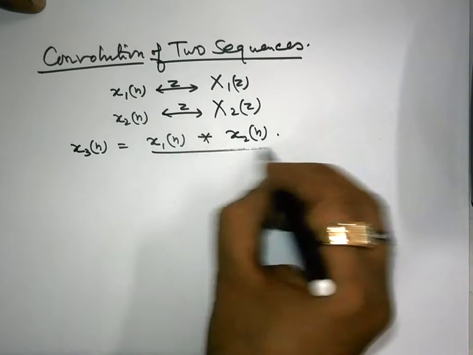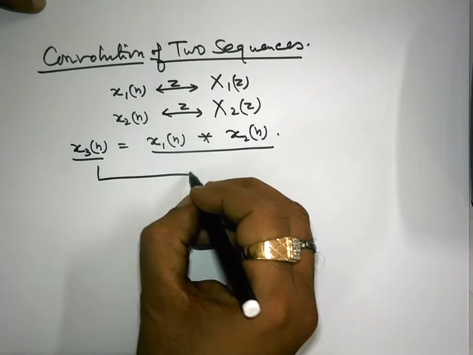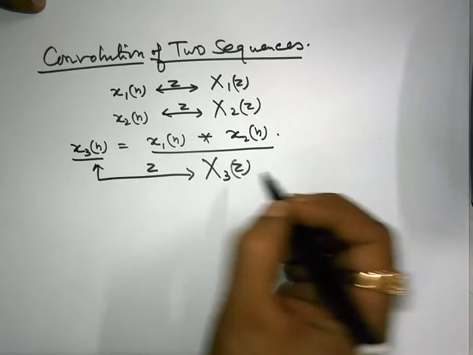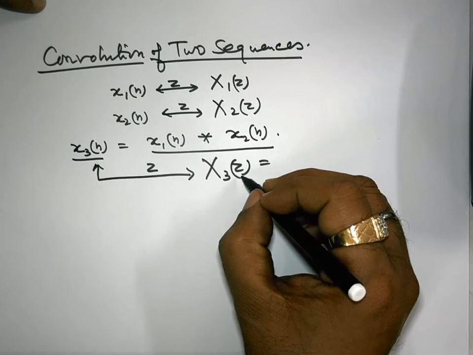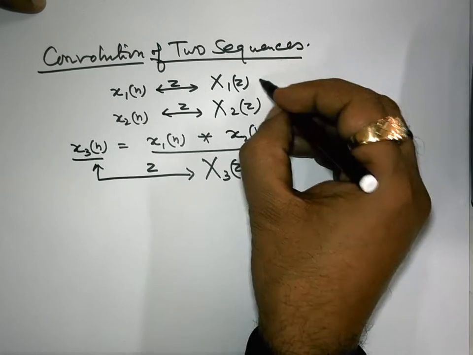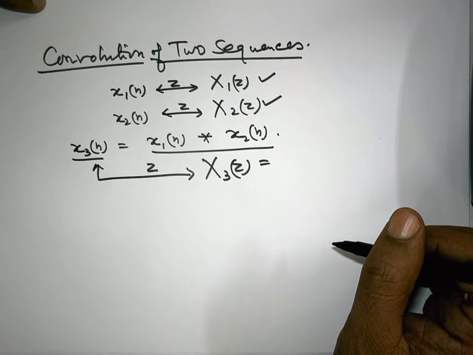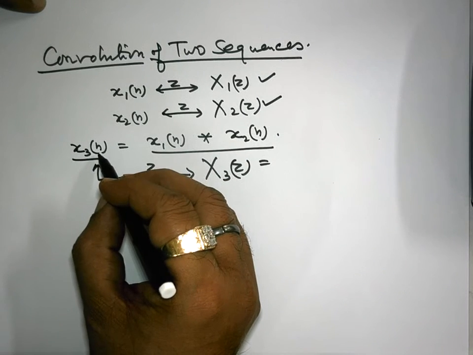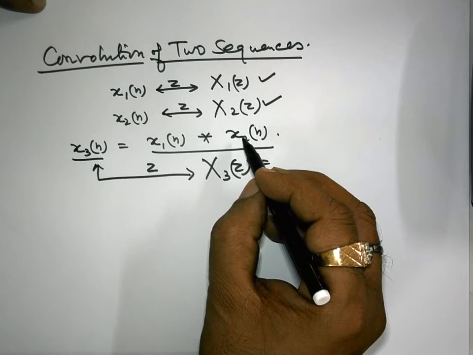Now what will be the Z transform of this third signal? The Z transform of x3[n] will be called X3(z). Now we will investigate whether there is any relationship between X3(z) and the Z transforms of these two individual signals. This x3[n] is the convolved version of these two signals.